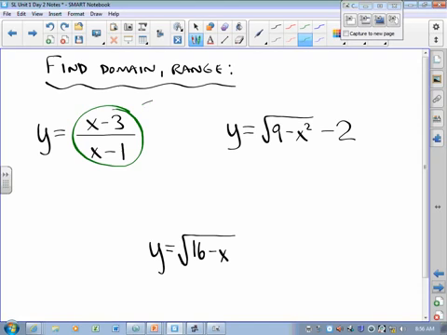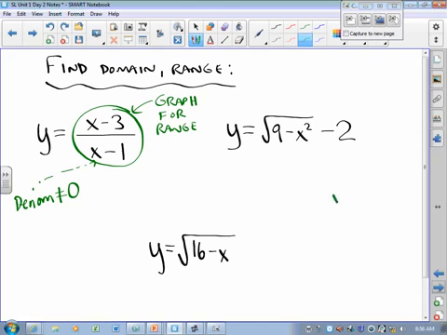The reason I picked these are plain Jane simple. This guy, you've got to take a look at a graph to see the range, because we haven't studied rational functions in depth enough to know that. But you can find domain rather quickly, because we know that a denominator can never equal 0. And so when we're considering domain, we just look to see, oh, there's a denominator. The denominator can never equal 0.